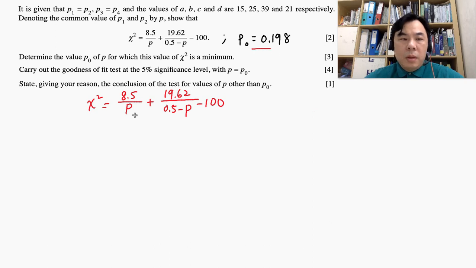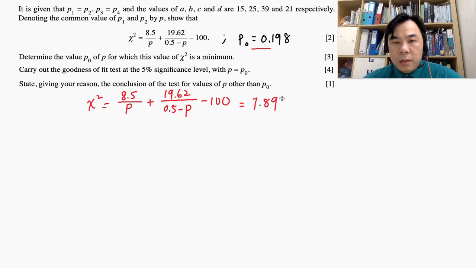By subtracting, hold on, I think I wrote it down wrongly. It's supposed to be minus 100 here. By substituting this value into the p here, we have already calculated this as 896 just now.